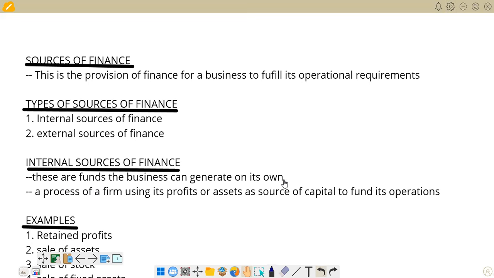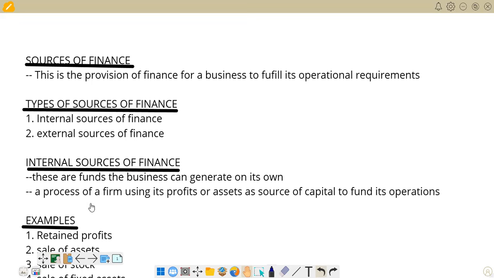When finance originates from inside the organization, that's what we call an internal source of finance. Another explanation reads: the process of a firm using its profits or assets as a source of capital to fund its operations.